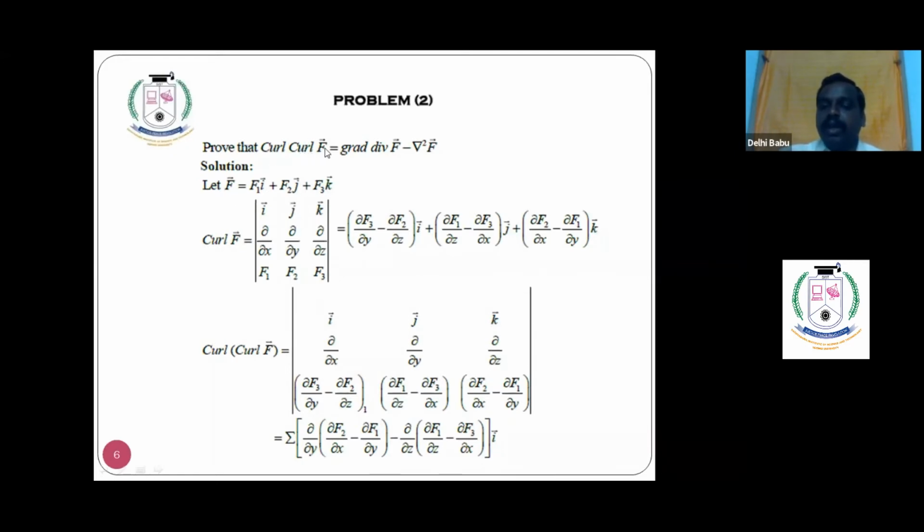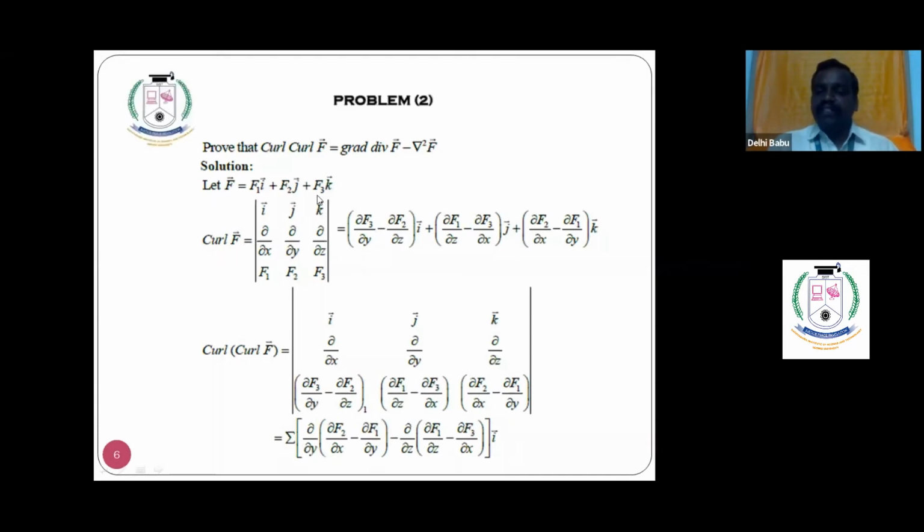First of all, we don't know f vector, so I will take f vector randomly with i component, j component and k component, that is f1 i vector plus f2 j vector plus f3 k vector. Now curl f vector means del cross f vector. The cross product is written as a determinant.